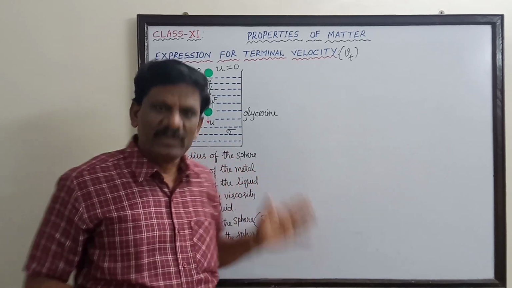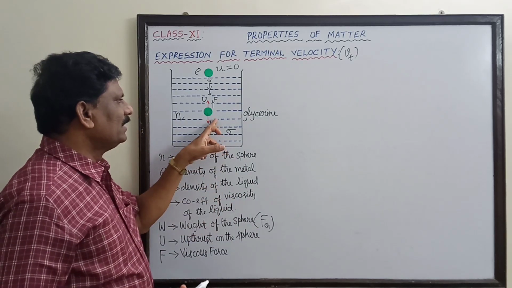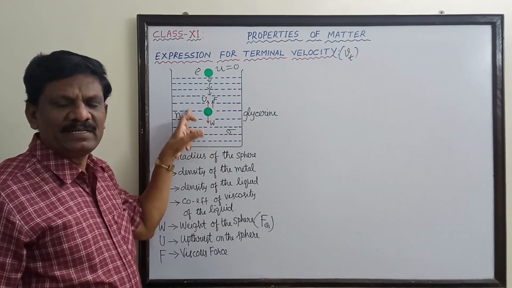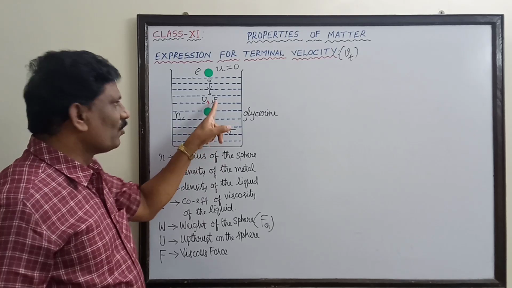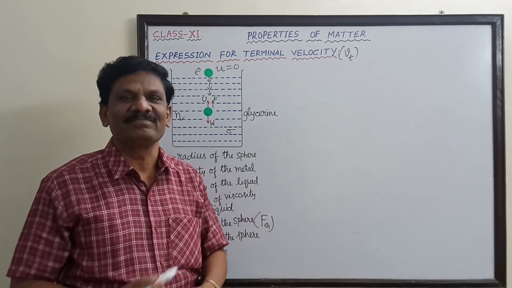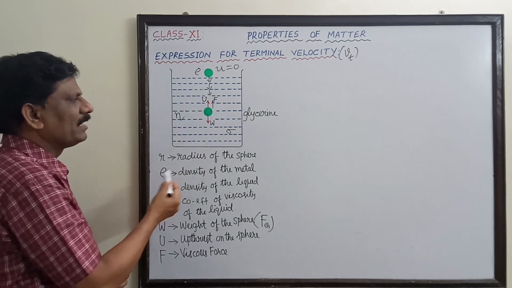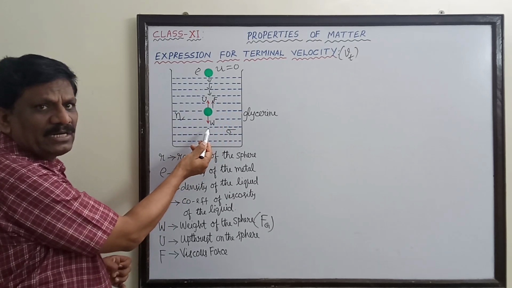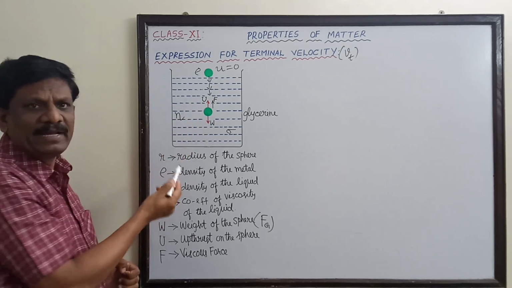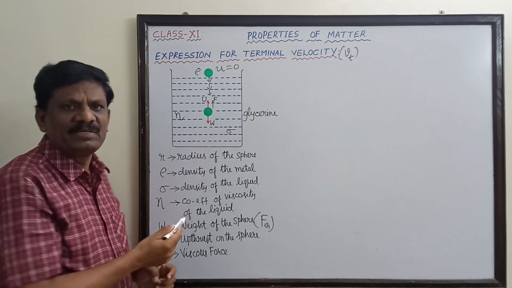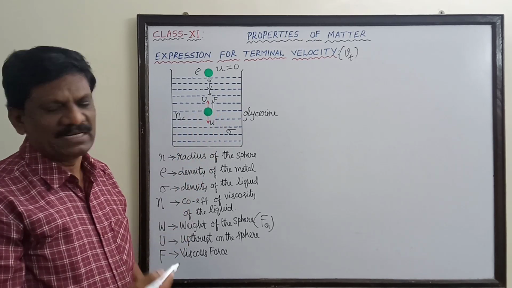So, in this picture, since the sphere is moving downward, the viscous force is acting upward. Now, the three forces acting on the sphere are weight in the downward direction, upthrust U in the upward direction, and viscous force capital F also in the upward direction.